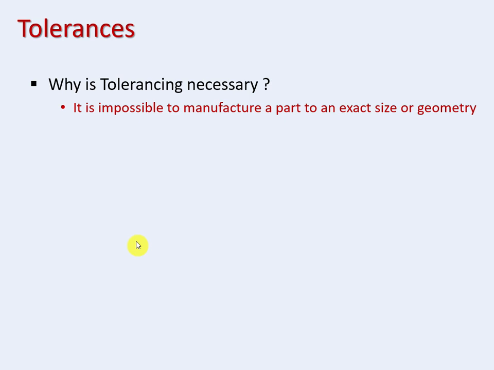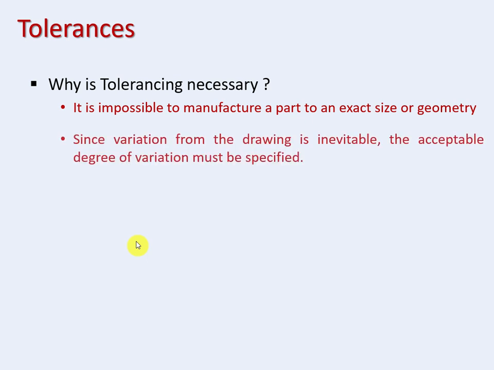So you are the designer, you have to indicate how much tolerance is acceptable. If the dimension is within this tolerance, acceptable. If the dimension is outside this tolerance, the part should be rejected. Why? Because it depends on the functionality of the part, the material properties of the part, mechanical properties of the part, and so on.